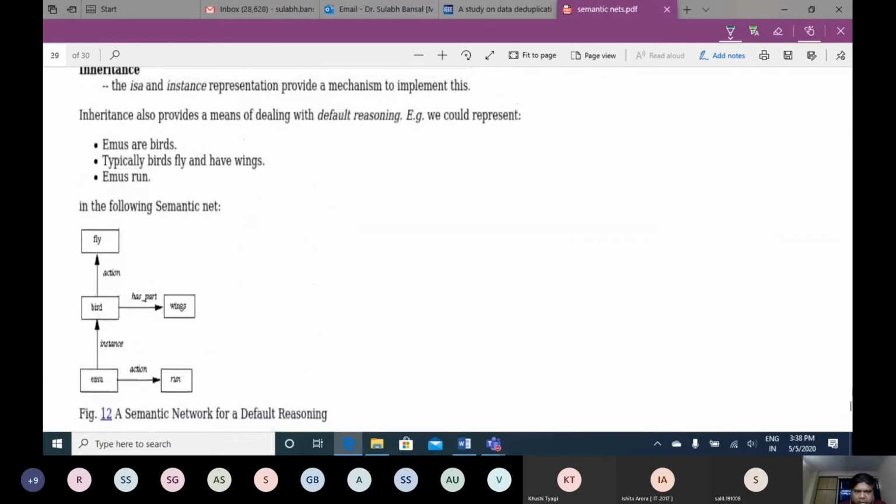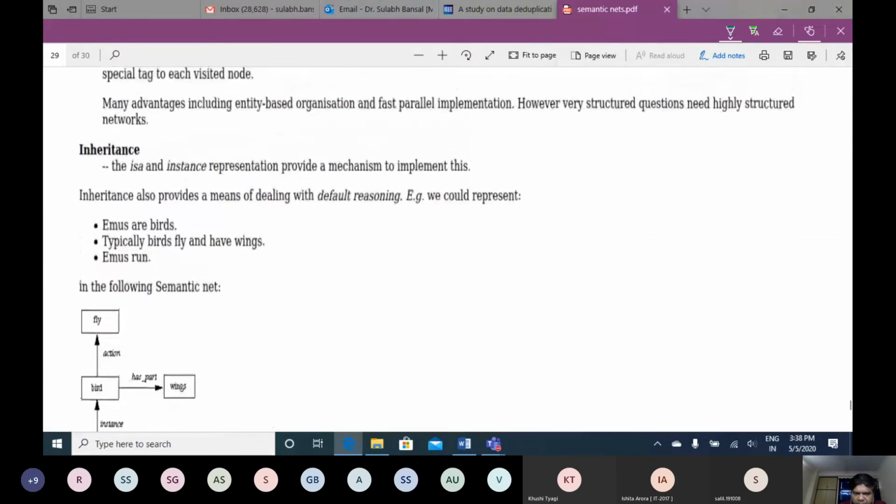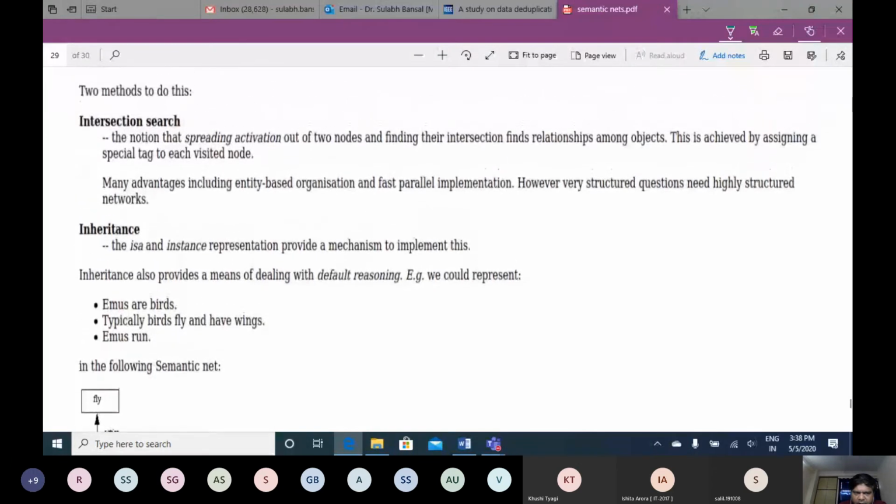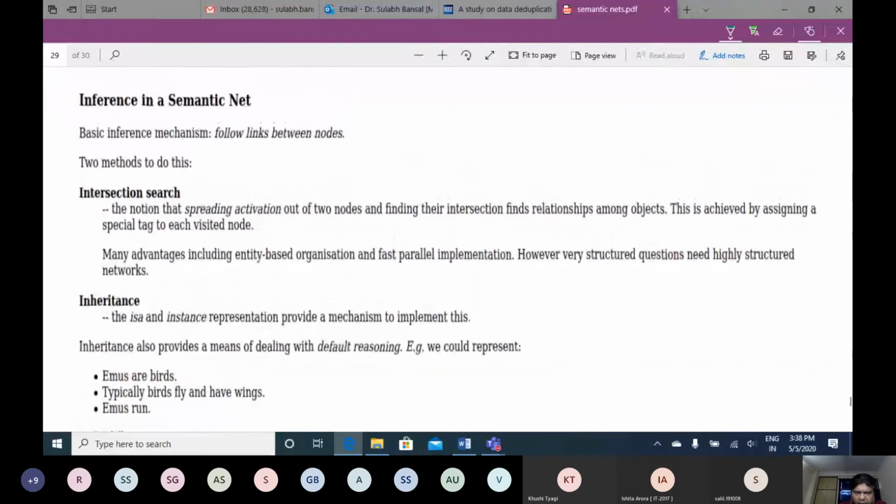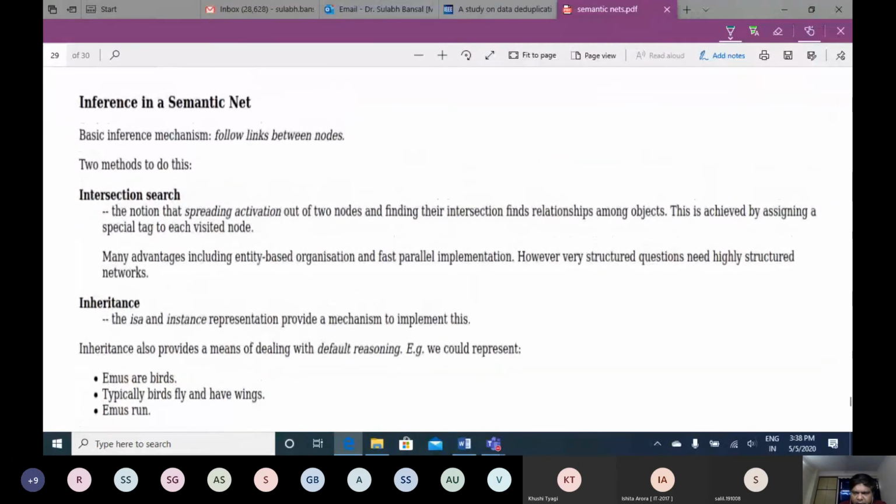Okay. There are two ways of answering questions, instead of saying inference. So what do we mean by inference? It means you want to infer knowledge from the knowledge base, and there are two ways. Either you look for inheritance, you go to the superclass, and keep going upward in the links to find the answer to the question.